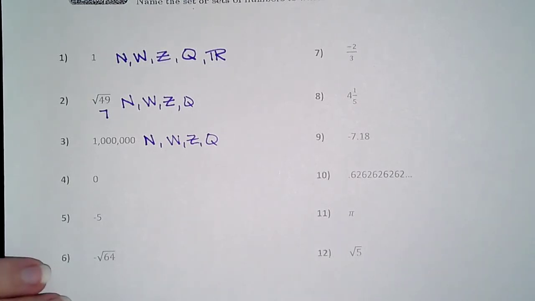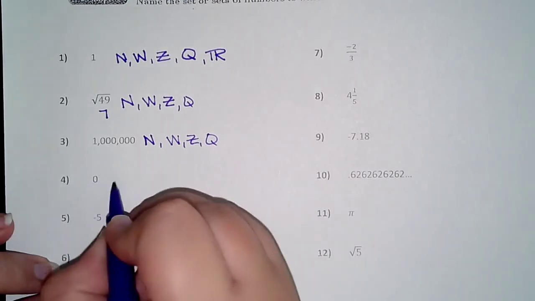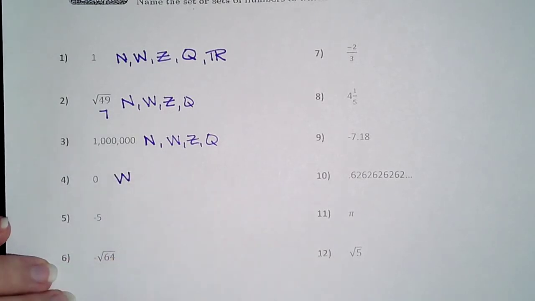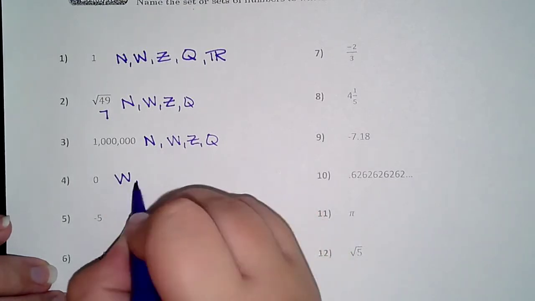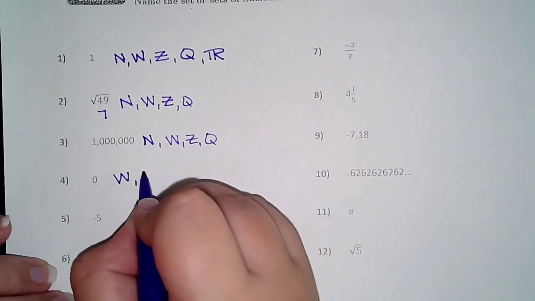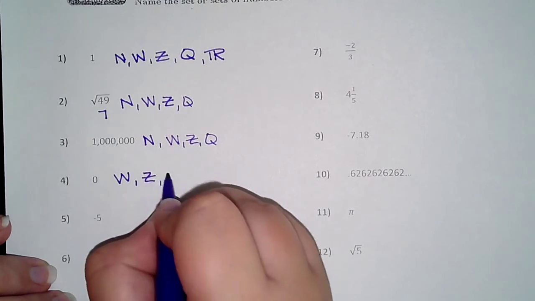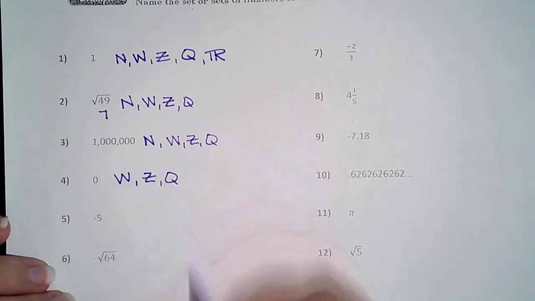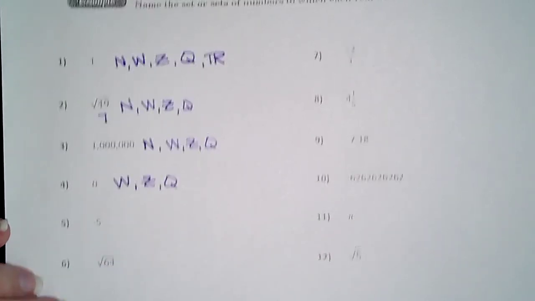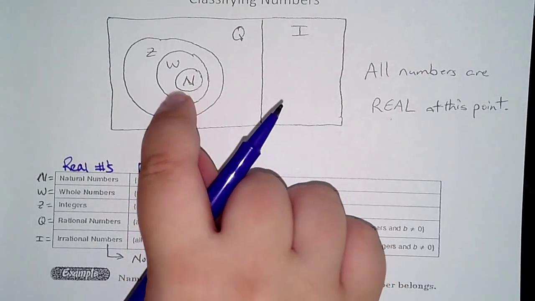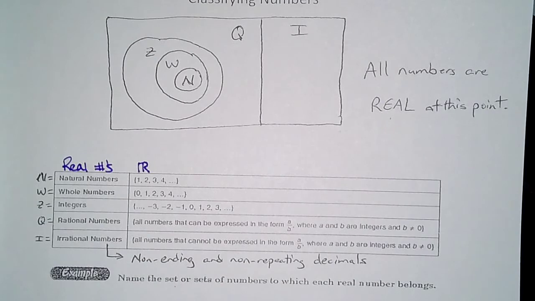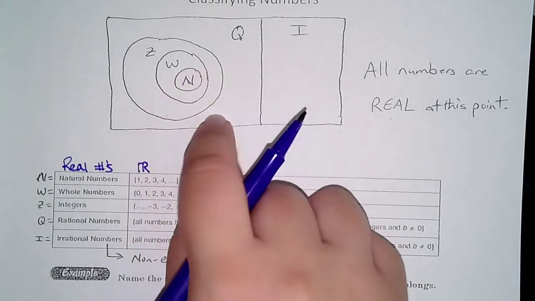0. 0 is the first tricky one we have because even though it is a whole number, it's technically not natural. Natural does not include the number 0. However, it's a whole number, which means it is also an integer, which means it is also rational. Notice based on our table up above here, if one is inside of the other category, it by its nature must be the next biggest or the next smallest category.